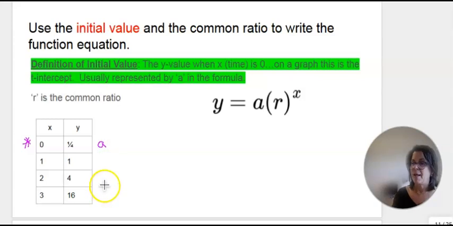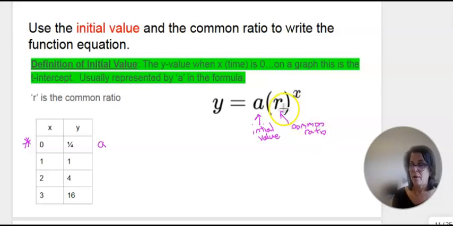All right? Now, to write this, we need the initial value and we need the common ratio. And notice this has an R there instead of a B. That can happen. R I actually like better because it makes sense in my head. Common ratio, R. You've done it before.